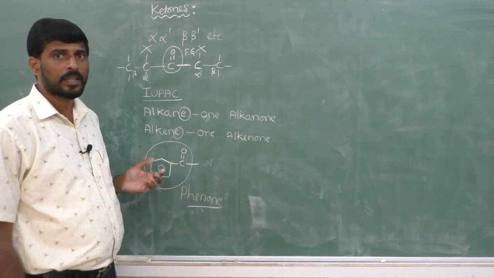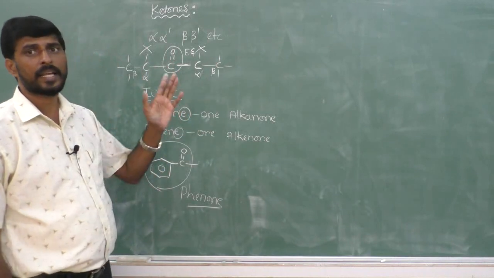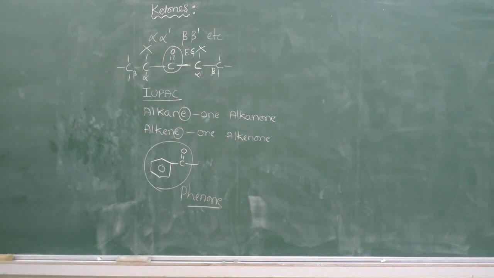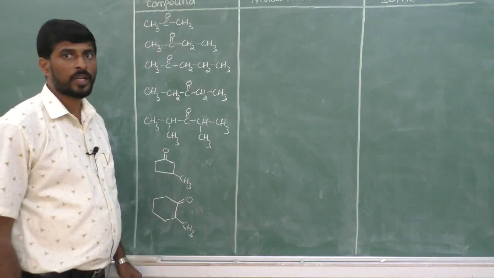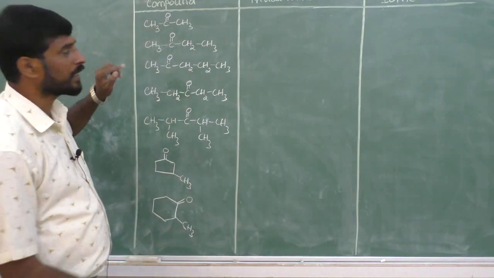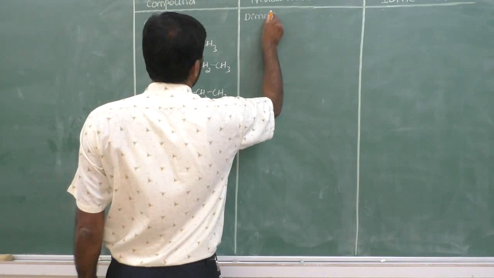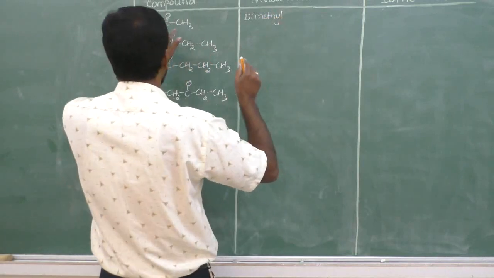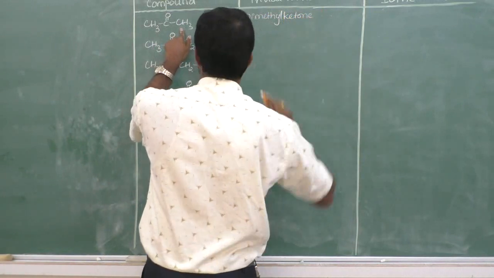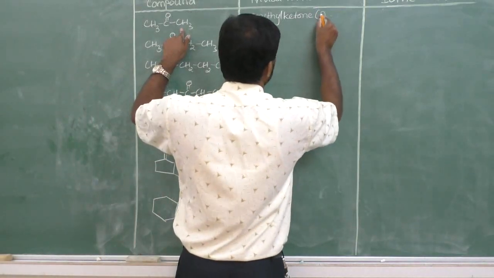Now, let us discuss some of the nomenclature of ketones by considering the following table. What is the name of this compound? On either side a methyl group is present, therefore, it is dimethyl ketone, or it is popularly called acetone.